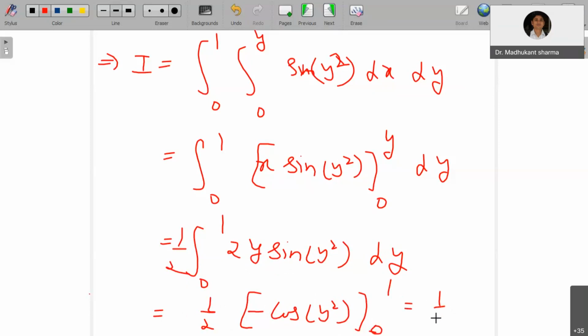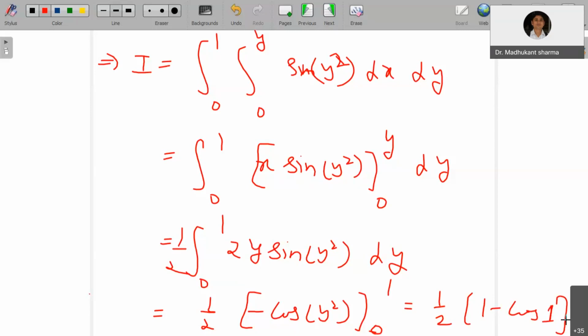So this is again 1 by 2 times 1 minus cos 1. Okay, so this is the value of this integral. So this is how the change of order of integration helps you solve even a complicated integral. Though you have to be careful in identifying these limits.